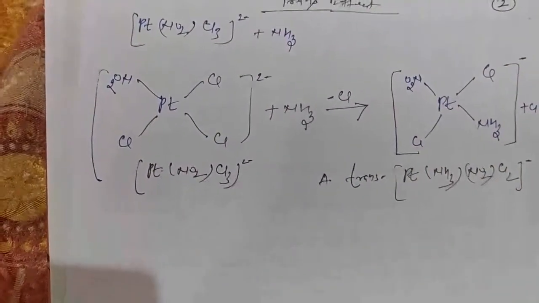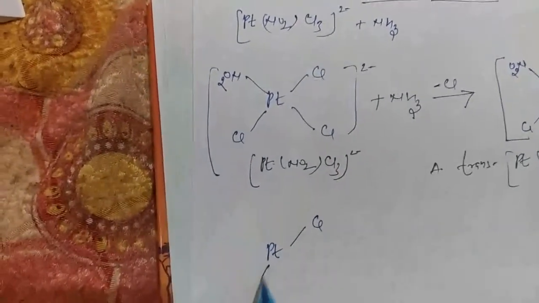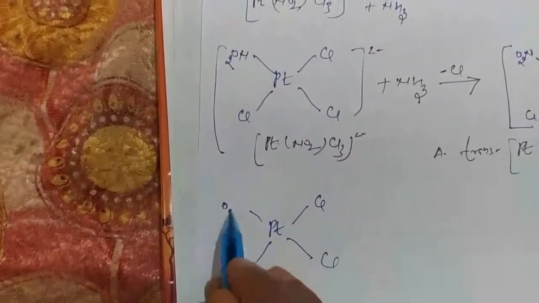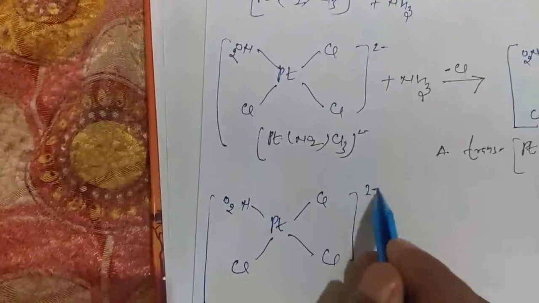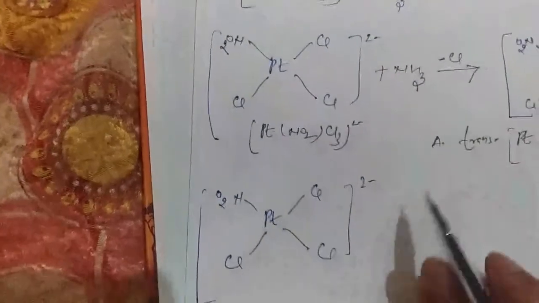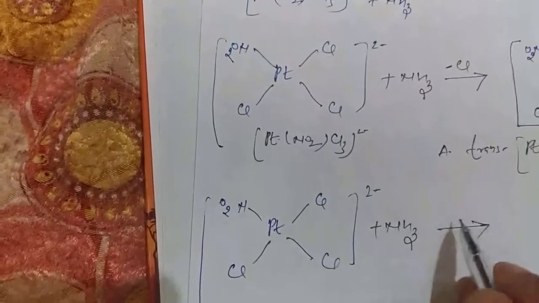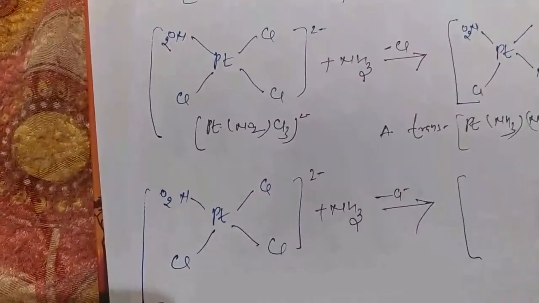Let's take the other case with the same complex. If we have platinum, then Cl, this is again Cl, this is O2N, and this complex is 2 negative. Then we'll take ammonia, and again we have a replacement of Cl negative. So let's draw the picture here again.